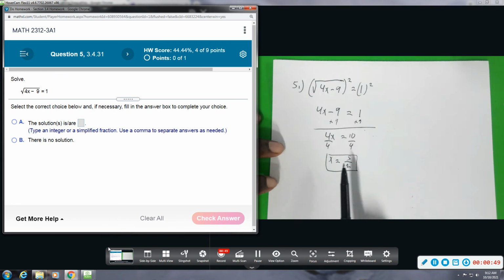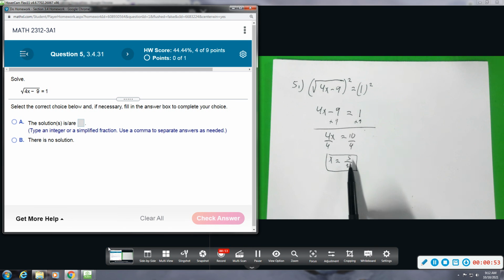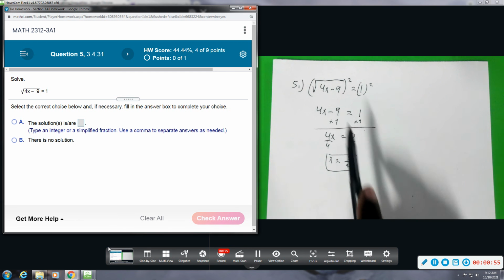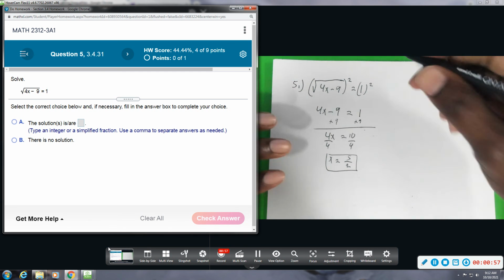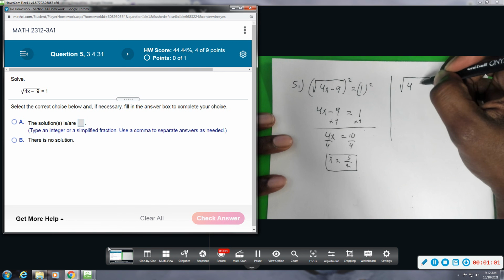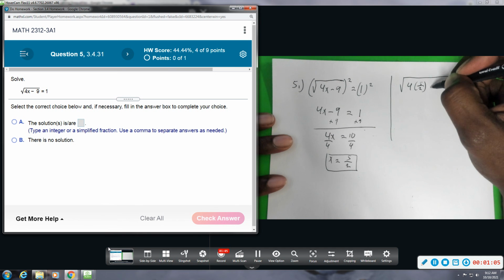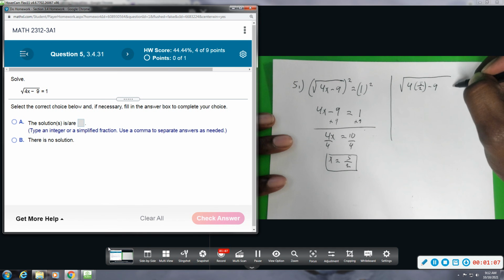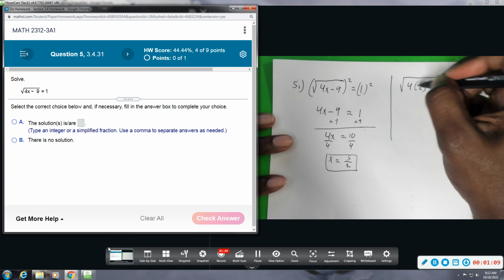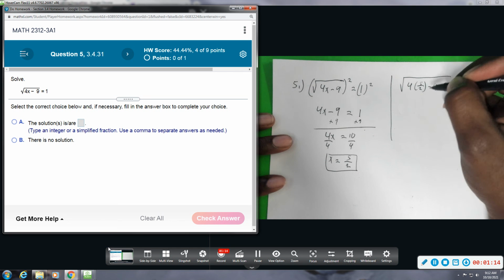All right, so each time you do this, you want to go back and plug this in just to check. So if we were to plug this in right here, 4 times 5 over 2 minus 9 equals 1. So 4 divided by 2 is 2 times 5. 2 times 5 is 10.